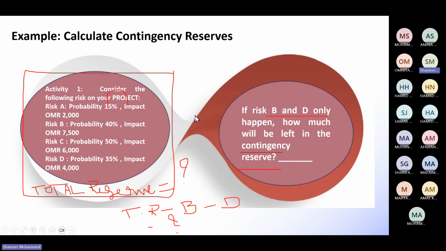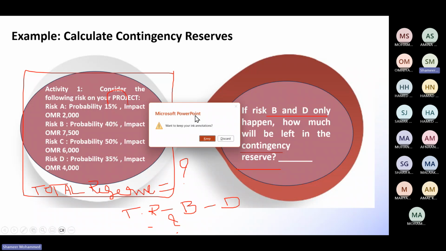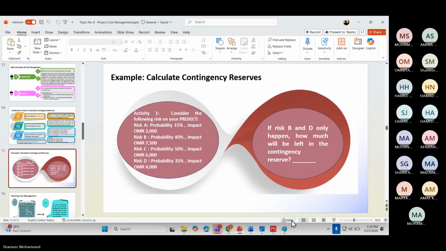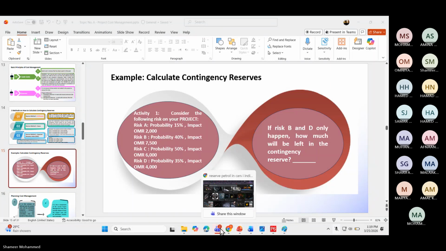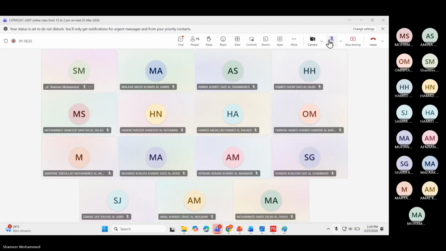So minus B and D, how much will it come? I think 1,600.